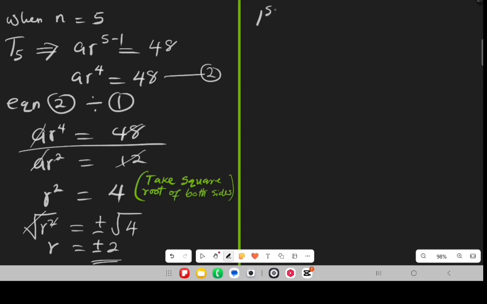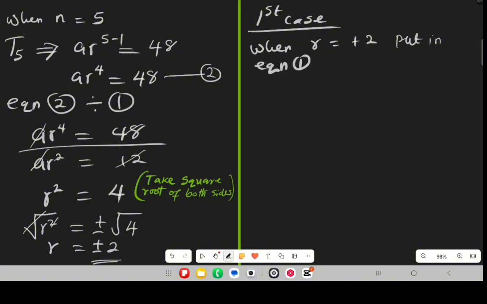We say first case, when r is equal to plus 2, put in equation 1 above. Equation 1 is ar raised to the power of 2 equal to 12.